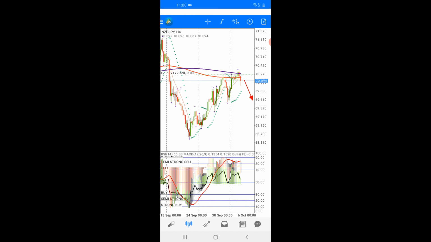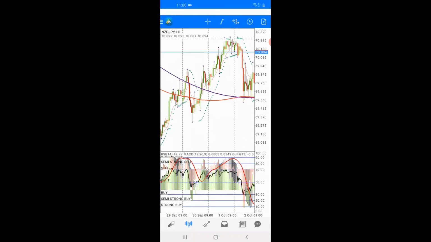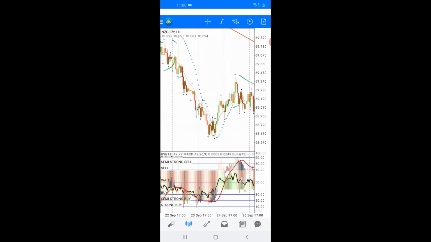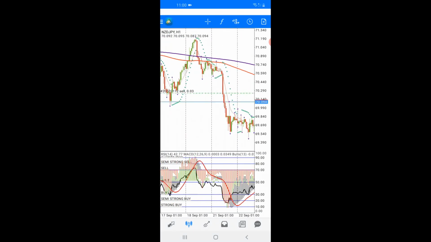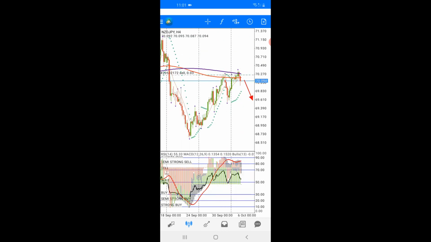Normally what I use is the 1 hour time frame, because I make daily entries in the market. So that is why I use the 1 hour chart. But I will come to signify something with the 1 hour chart before I end the video.